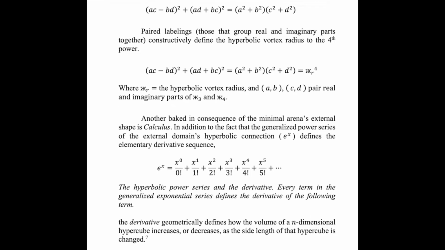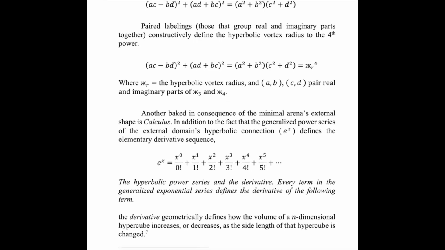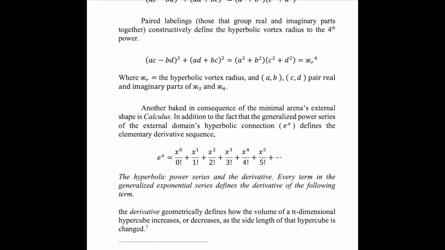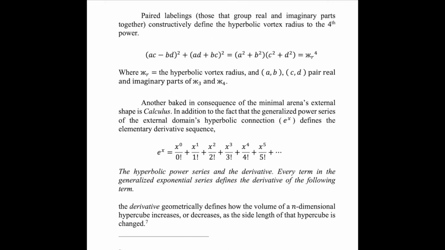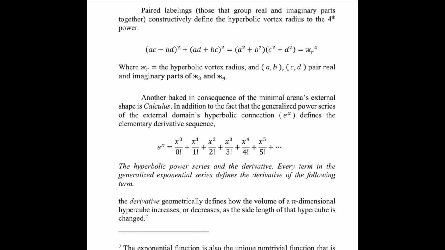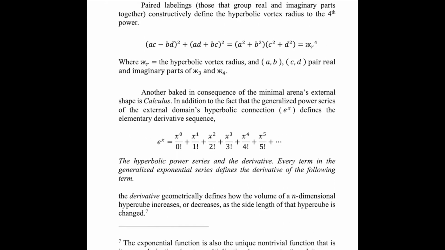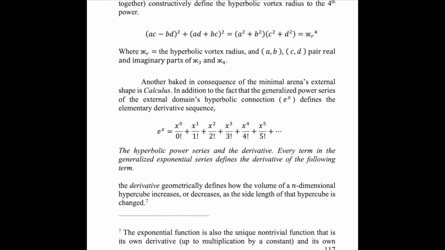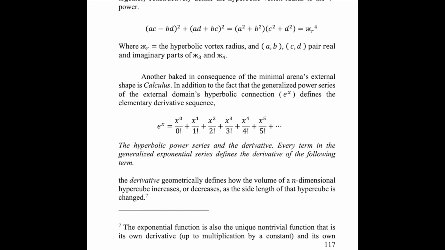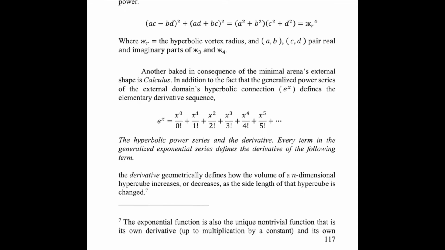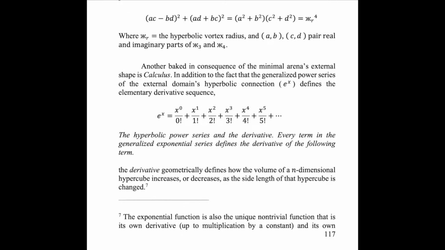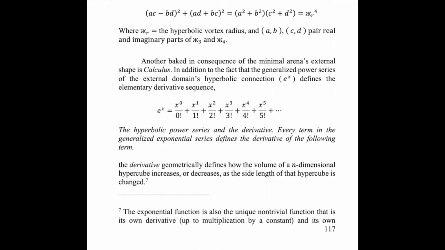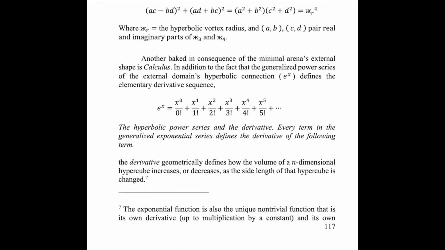Another baked-in consequence of the minimal arena's external shape is calculus. In addition to the fact that the generalized power series of the external domain's hyperbolic connection, so e to the x, defines the elementary derivative sequence, where every term in this series defines the derivative of the following term, the derivative geometrically defines how the volume of an n-dimensional hypercube increases or decreases as the side length of that hypercube is changed.